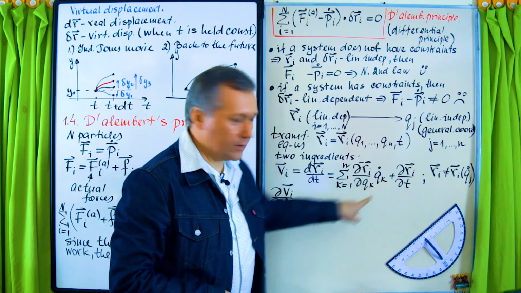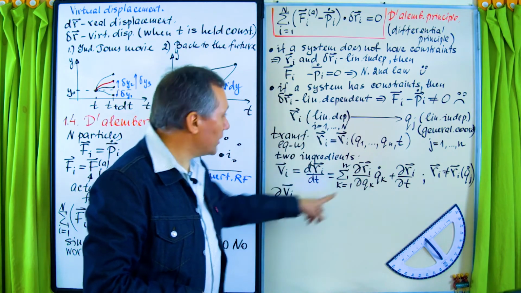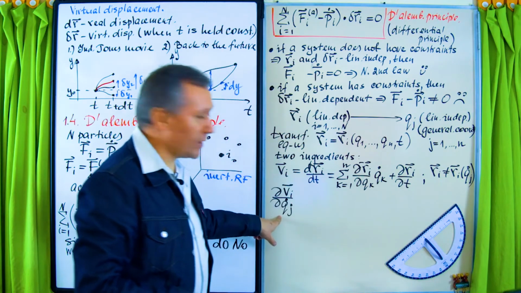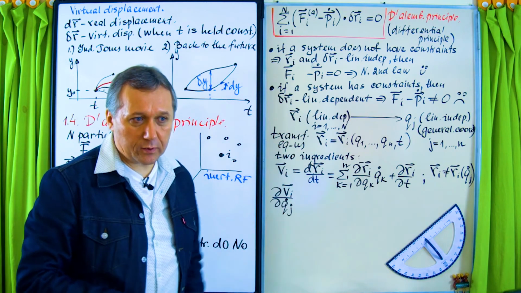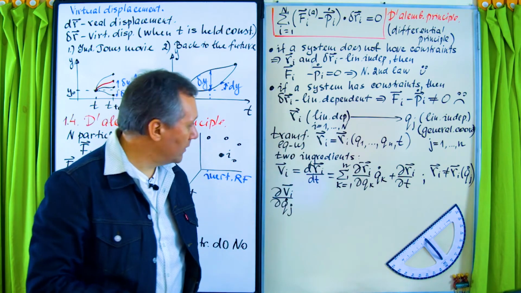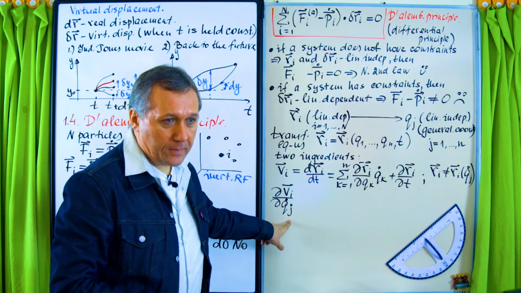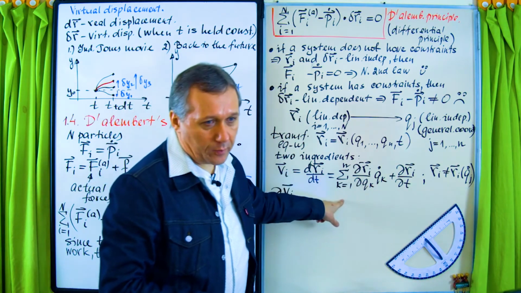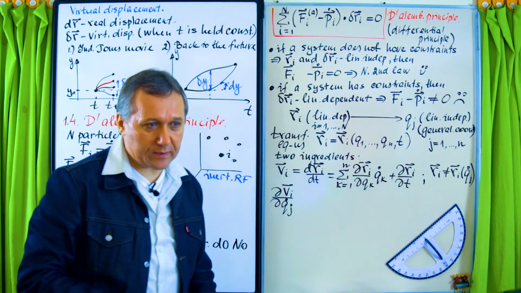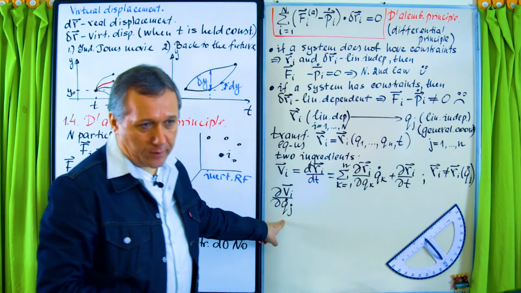Differentiation of q_k dot with respect to q_j dot, of course, gives us a Kronecker delta, delta_kj, which is going to kill all this sum. Only one term will survive from this sum, when k equals j.